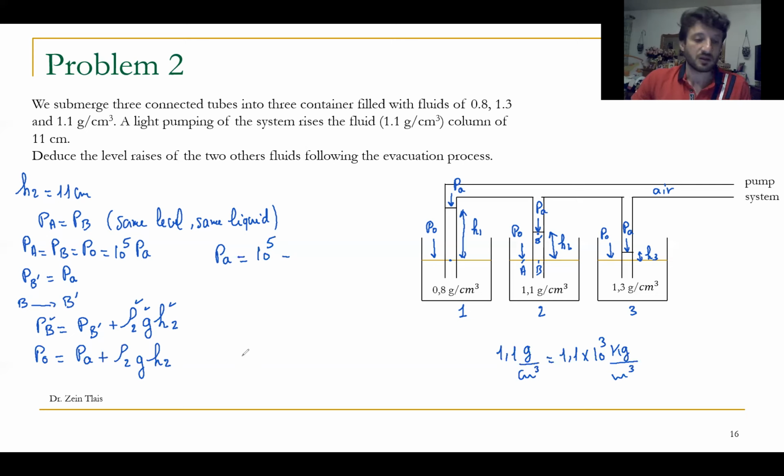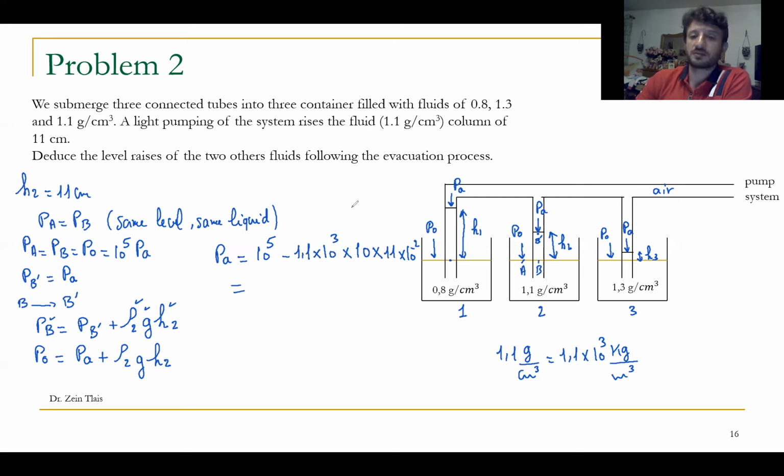So we can calculate PA, which is equal to P0 minus rho 2, 1.1 times 10 power 3, times G. We can take G by approximation equal to 10, times H equals 11 centimeter in meter, so 11 times 10 power minus 2. This is the value of PA.